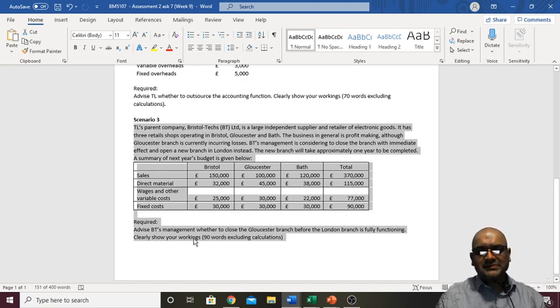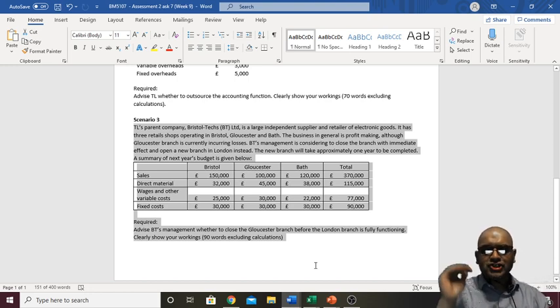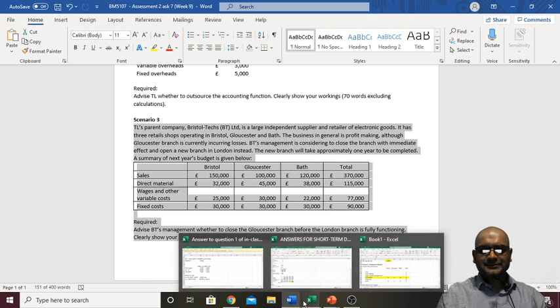We need to advise BT's management whether to close the Gloucester branch before the London branch is fully functioning. So it is going to take a year for the London branch to open. For this 1 year period, should we close down the Gloucester branch? Clearly show your workings, provide analysis, 90 words. That's your job, the analysis. We'll do the calculations together and do a bit of discussion together.